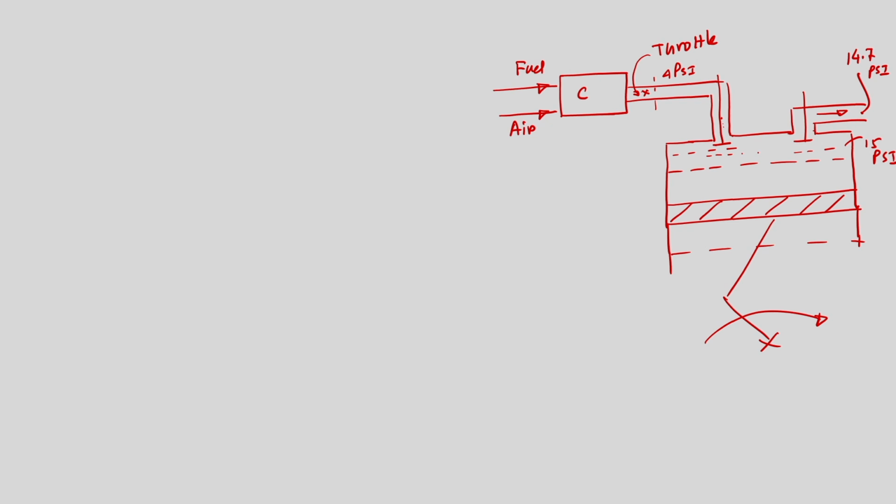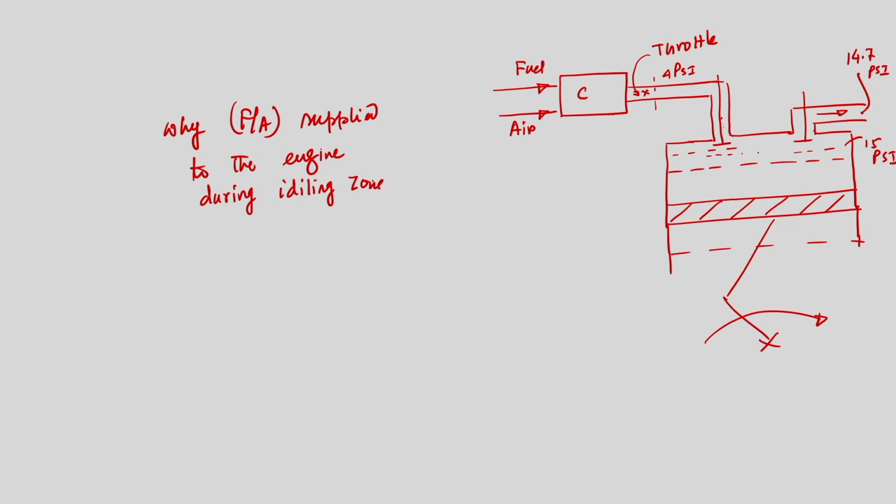Now, as I said, during the idling condition, the first question is why the fuel air ratio supplied to the engine during the idling zone is higher than the stoichiometric fuel air ratio.